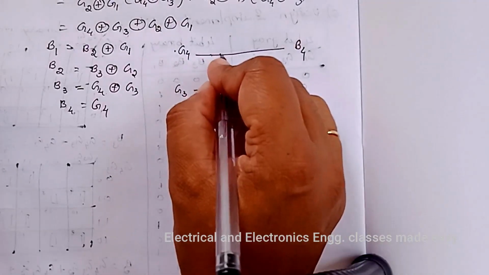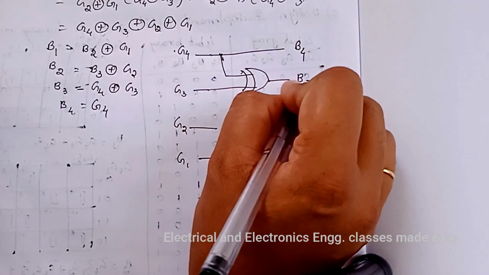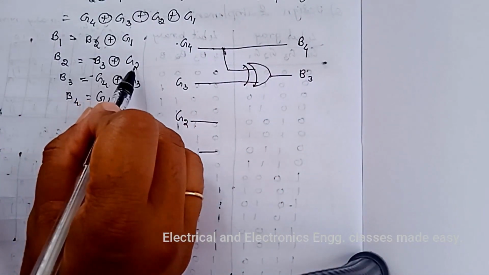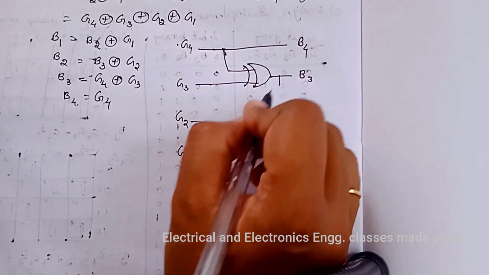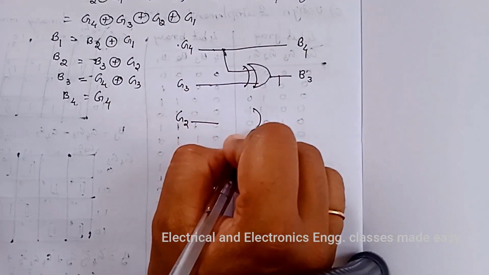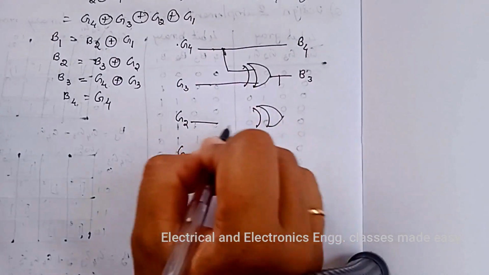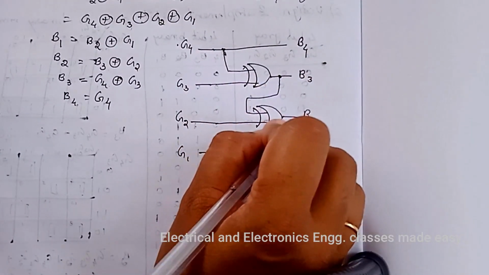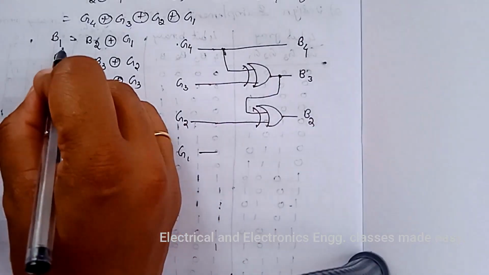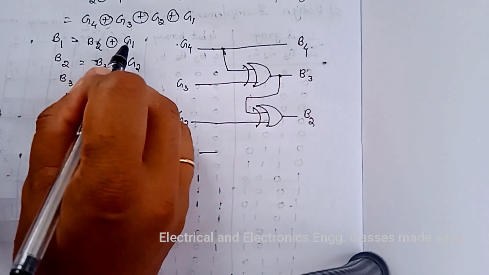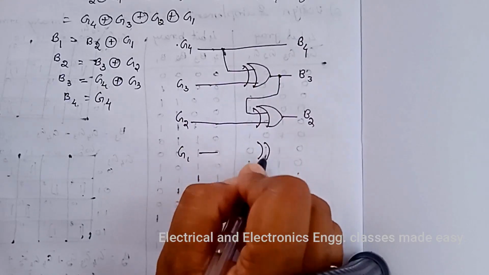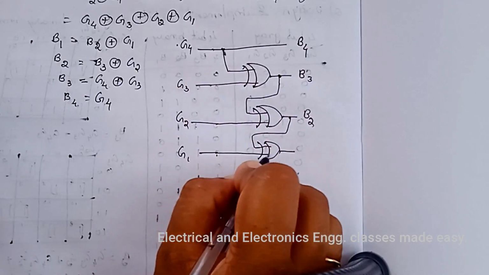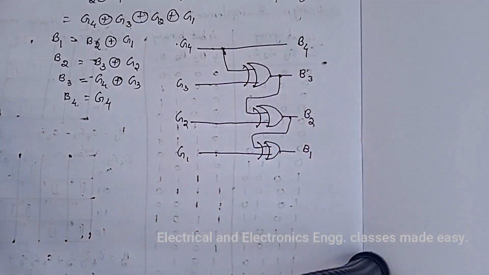G4 XOR G3 is B3, and next is B2 is equal to B3 XOR G2, that is B3 XOR G2, XOR gate, that is equal to B2, and last one is B1 is equal to B2 XOR G1, that is B2 XOR G1 is equal to B1.